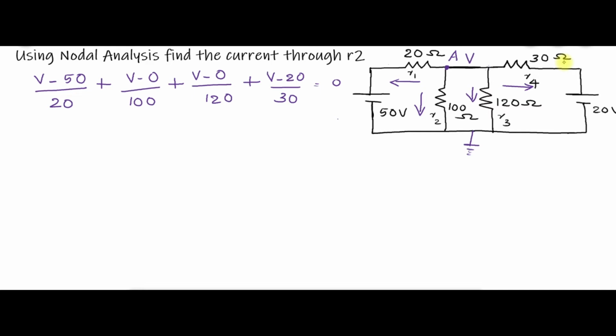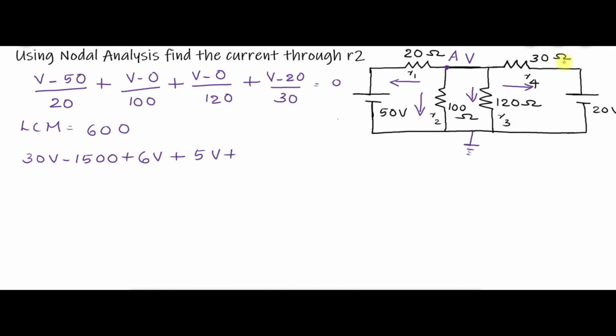So here we have 20, 100, 120, 30. The LCM is 600, so I have to make all terms with respect to 600. 20 into 30 gives 600: 30V minus 1500. Plus 100 into 6 gives 600: 6V. Plus 120 into 5 gives 600: 5V.